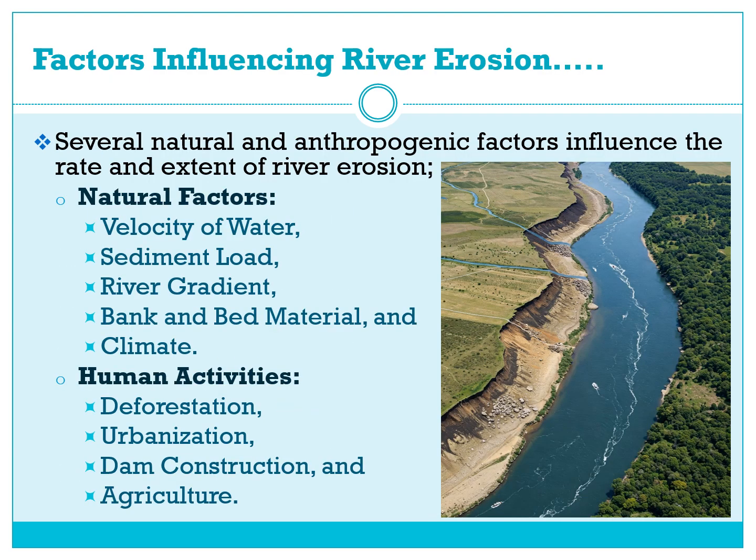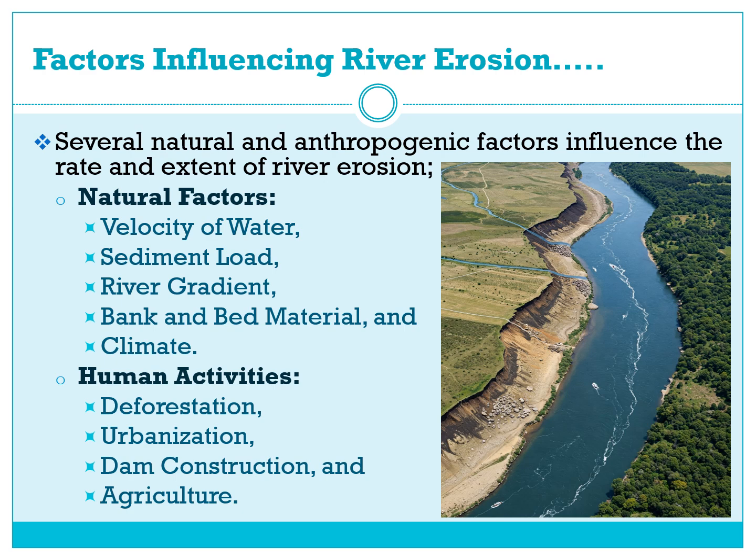Factors influencing river erosion. There are several natural and anthropogenic factors influencing the rate and extent of river erosion. Natural factors: velocity of water. Faster flowing water has greater erosive power. Sediment load. Rivers carrying more sediments can cause more abrasion. River gradient.